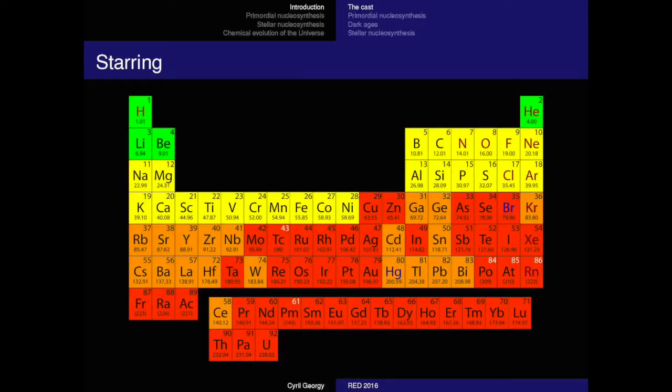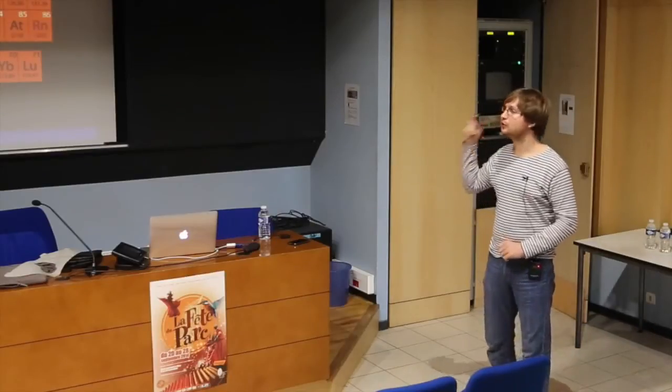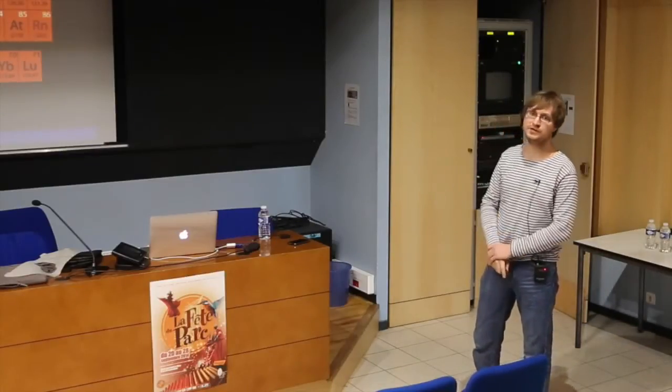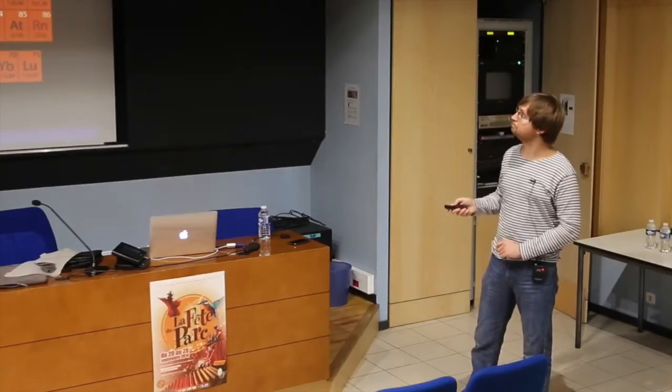We will see how this table is progressively built during the history of the universe, and where these different elements are built, because they do not all come from the same location or the same time during the evolution of the universe.